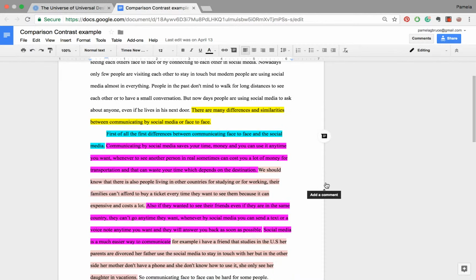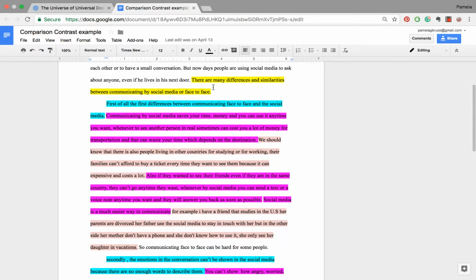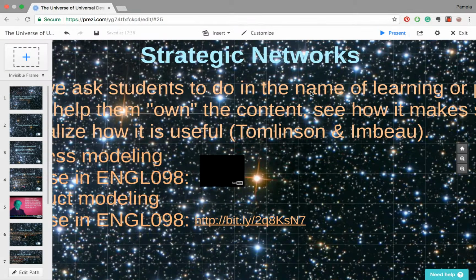And so again, color coding, making sure that the thesis is yellow, making sure that the topic sentences are blue, making sure that the explanations of the topic sentences are bright pink, and the supporting details for each of those explanations are lighter pink. So it breaks it down and provides them with a student sample, a product that they can refer to as a guiding force.